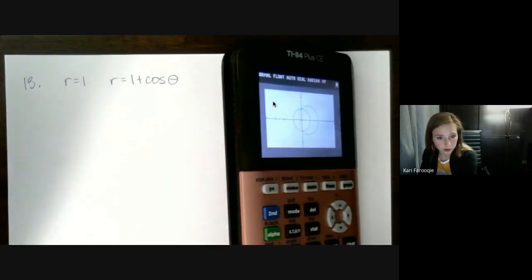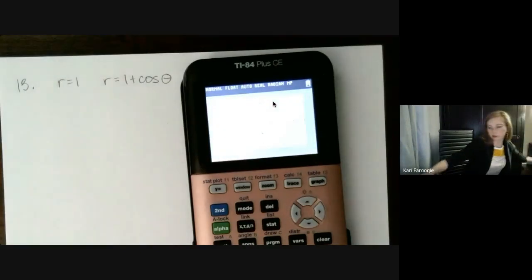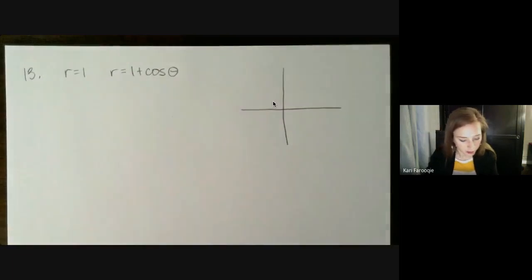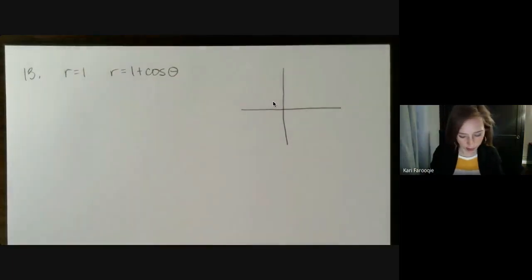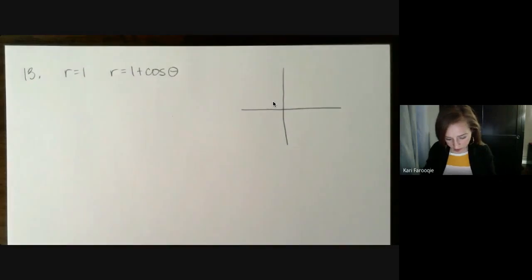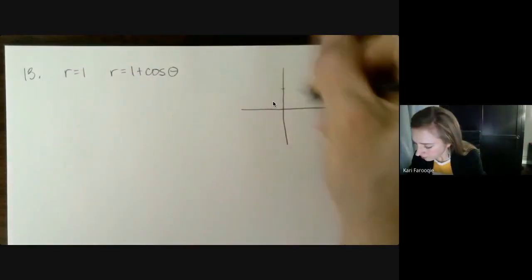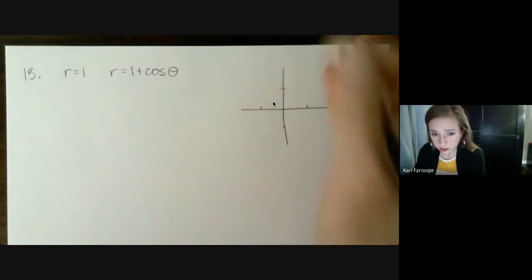I'm going to recreate this graph on my paper here just so that we can see what's going on. So we have the circle r equals 1, and then we have 1 plus the cosine of theta. So here's our circle. Kind of goes like this.